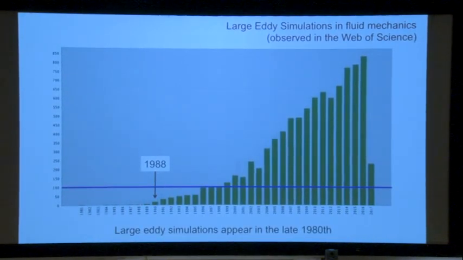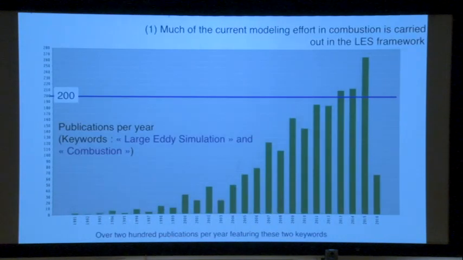There was very little LES in fluid mechanics before that time. And it goes to about 800, 900 papers per year on LES. In combustion, this took a little more time. We started in this field around 1983, 1984, and now a lot of LES is being done.